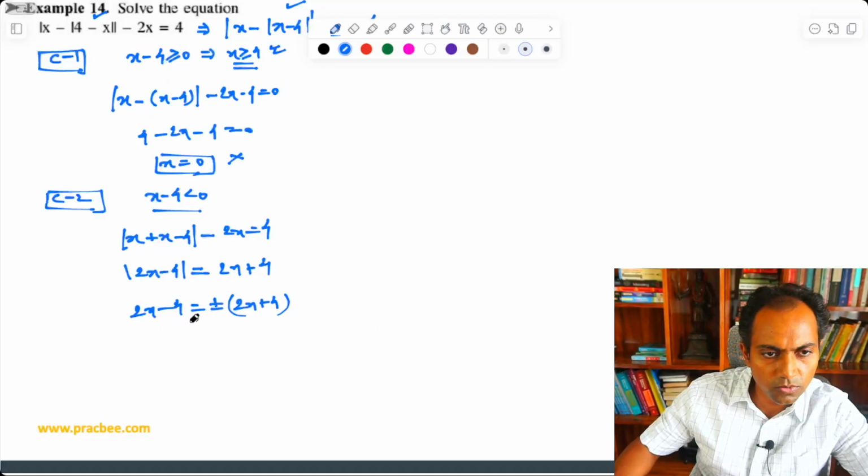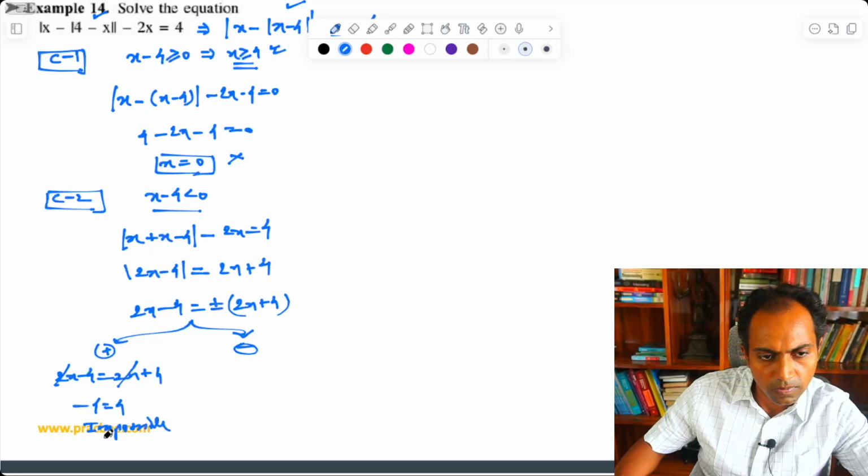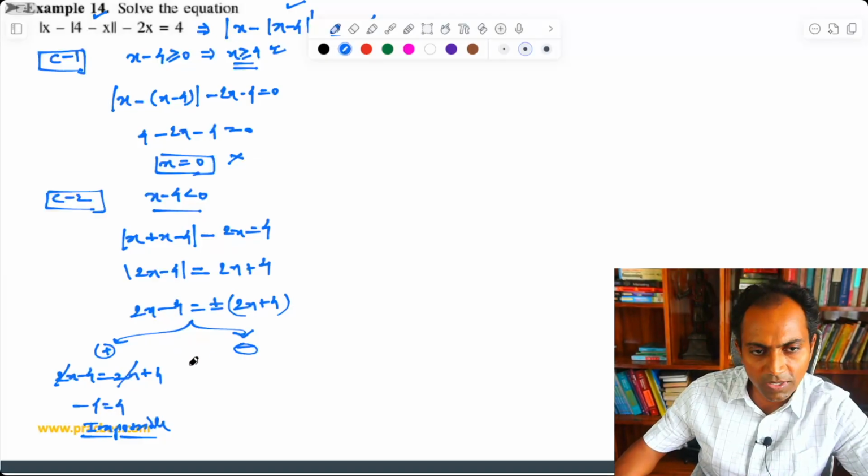Now what we can do is we can again consider the plus sign and the minus sign and then check the answers. So if I take the plus sign, it becomes 2x minus 4 is equal to 2x plus 4. This cancels out, minus 4 is equal to 4. This is impossible. Had it been plus 4, then we would have to do something else, and I will see what we will do in that case.